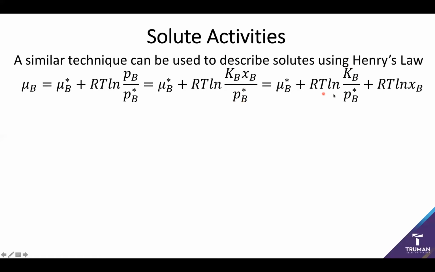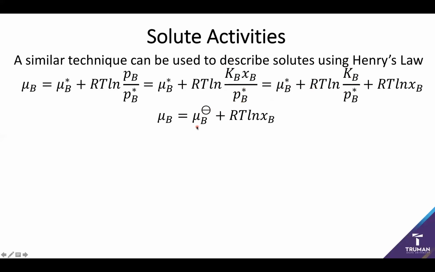We'll pull that out front, and this leaves a trailing term of RT natural log of the mole fraction of our solute. Now, when we do this, all of these numbers are going to be perfectly described by our solute, so we can essentially collapse them into a new constant.